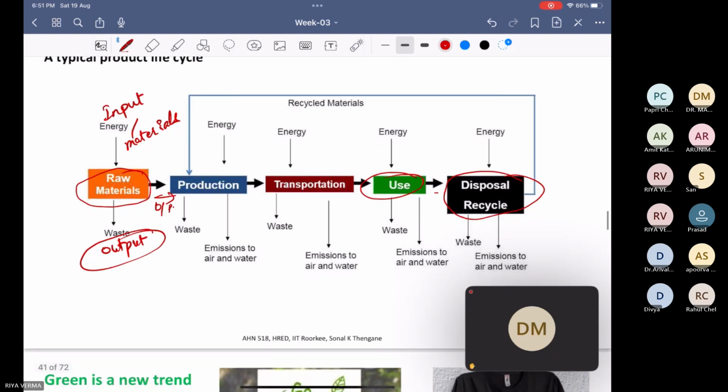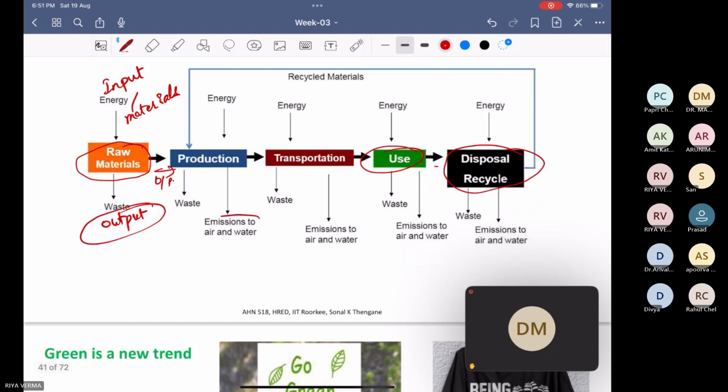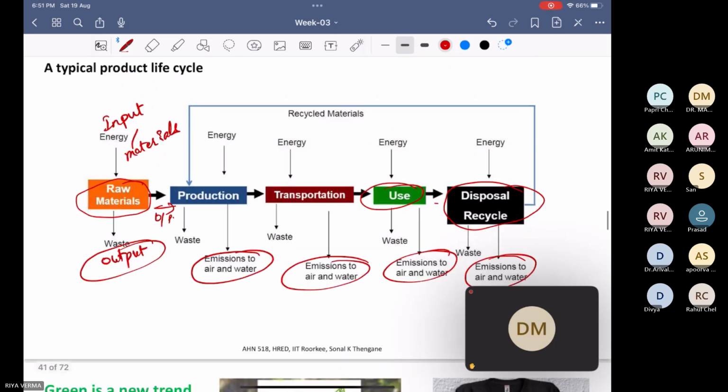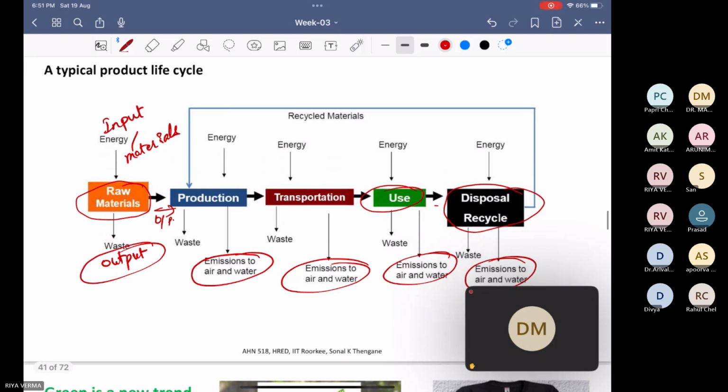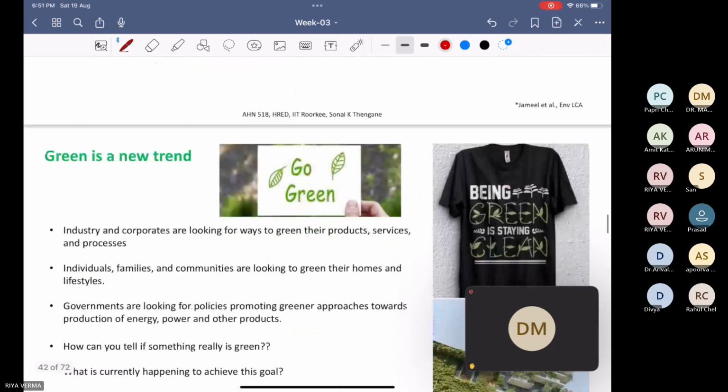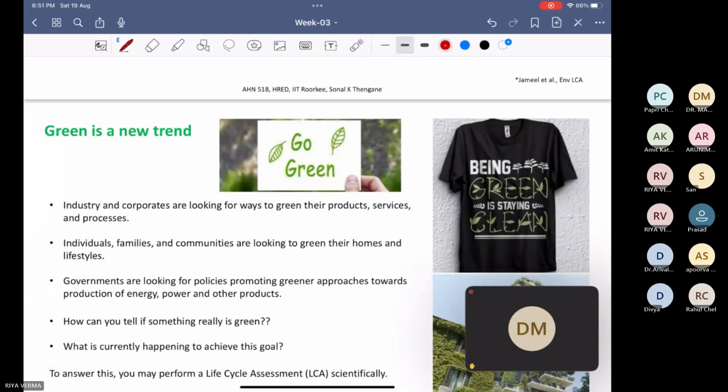And every single stage we have some emissions. So this is a typical product life cycle. तो जनरली इंडस्ट्री में क्या हो रहा है अभी, वी कैन सी क्लियरली दैट ग्रीन इज अ न्यू ट्रेंड.